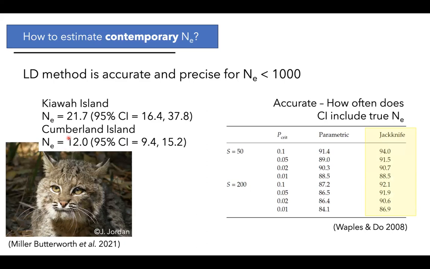And we found, for example, on Cumberland Island off Georgia, we got an effective population size of 12 individuals. And notice the confidence interval here ranges only from about 9 to 15. That is a super tight confidence interval, right? And if we have a really strong chance of having that confidence interval include the true effective population size, then we have a lot of confidence in this estimate, okay?